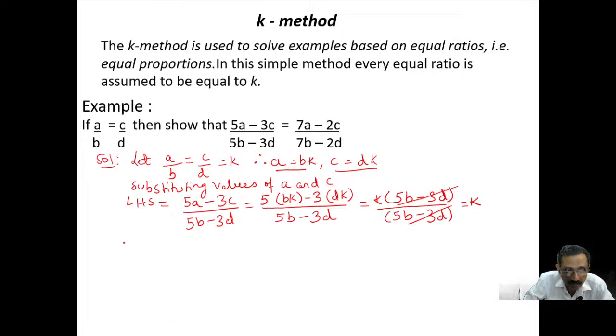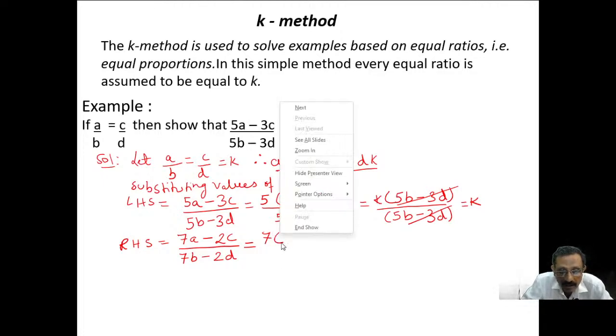So what is there with my RHS? RHS is equal to 7A minus 2C upon 7B minus 2D, which is equal to, now what is the value of A given to me?